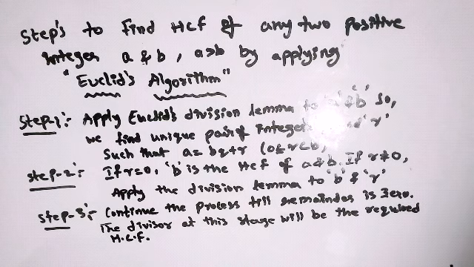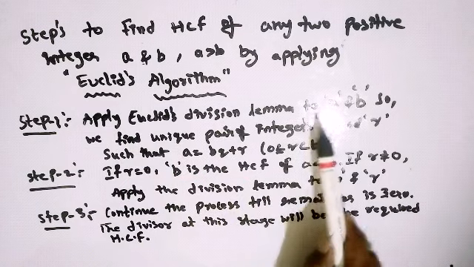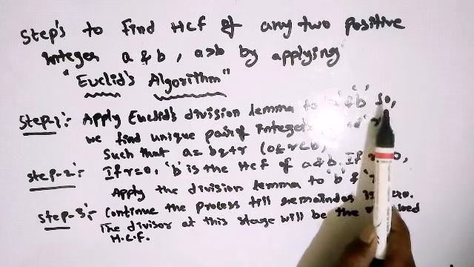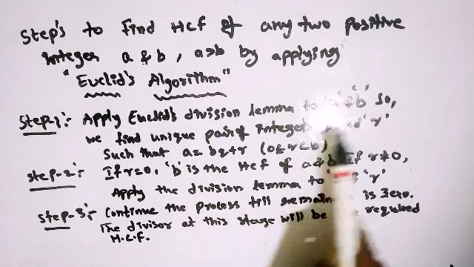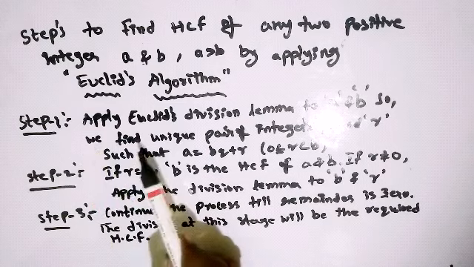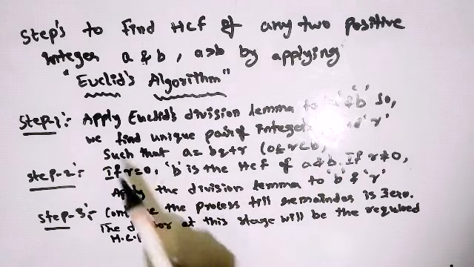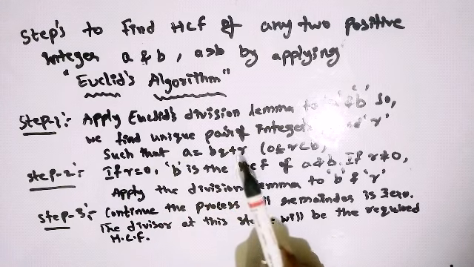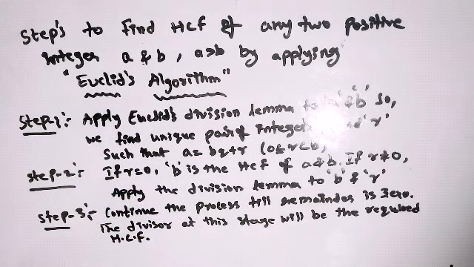In step 1, apply Euclid's division lemma to a and b. So we find a unique pair of integers q and r such that a equals bq plus r, where 0 less than or equal to r less than b.